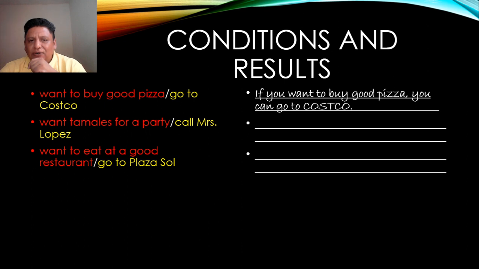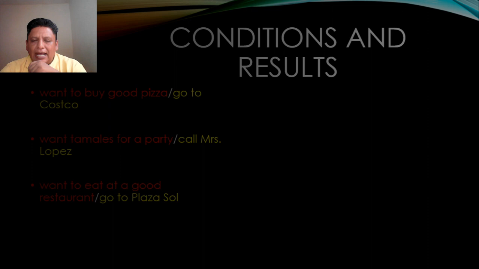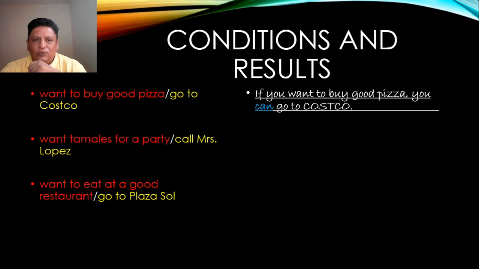Want tamales for a party? Call Mrs. Lopez. Want to eat at a good restaurant? Go to Plaza Sol. Those are the examples. Okay, and for the answers, I am going to give you a few moments.